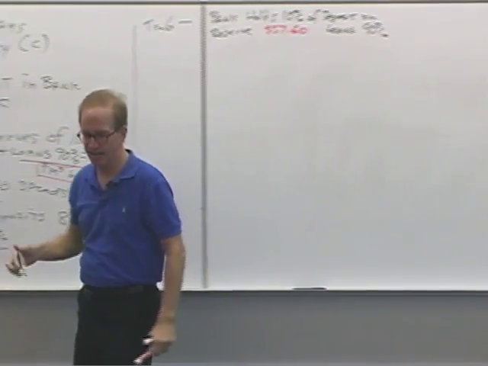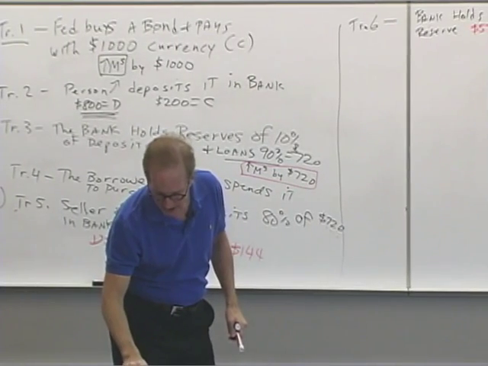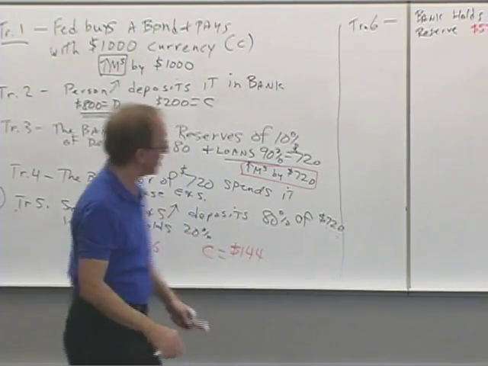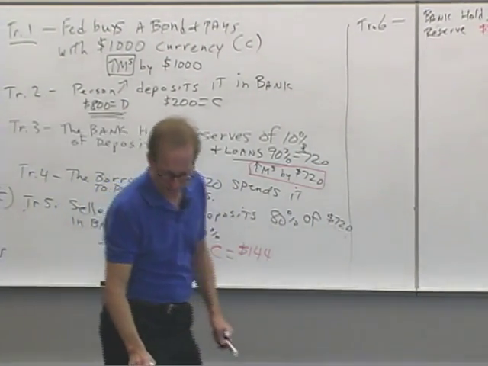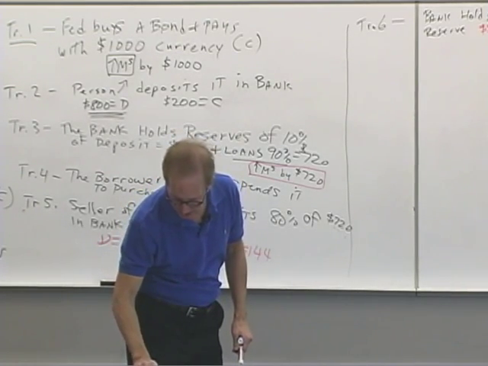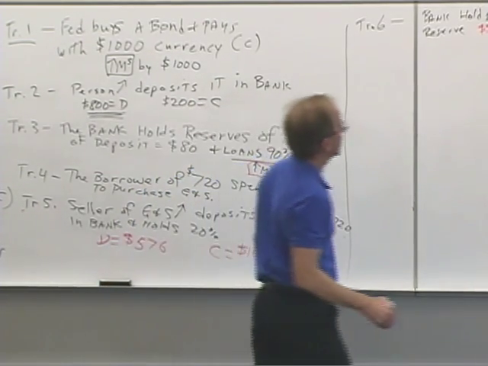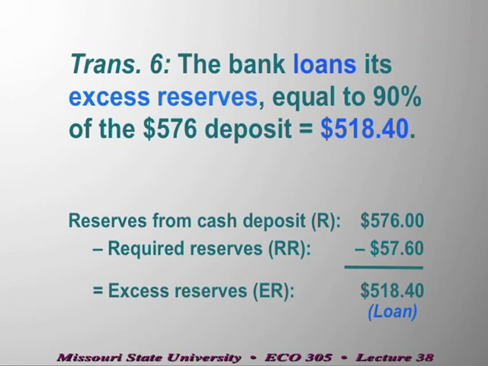How much is that? 0.9 times 720. 648. I'll put that in red. Would you need 29 times 576? Pardon me? It's 576 times 0.9.